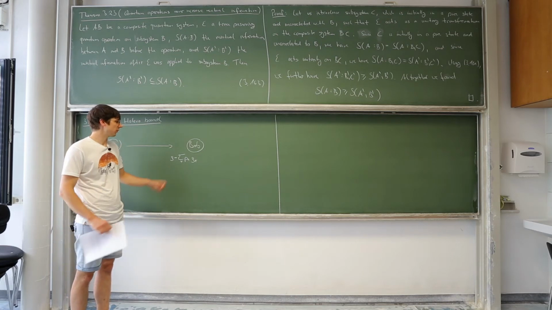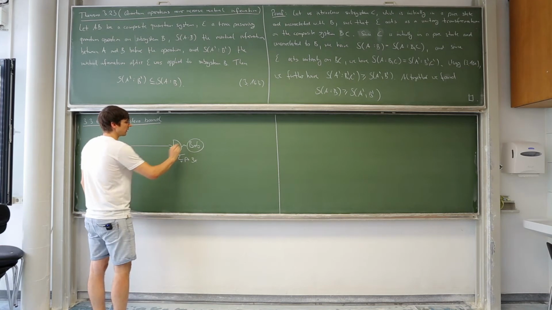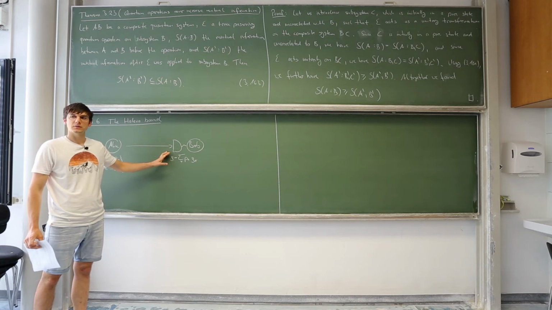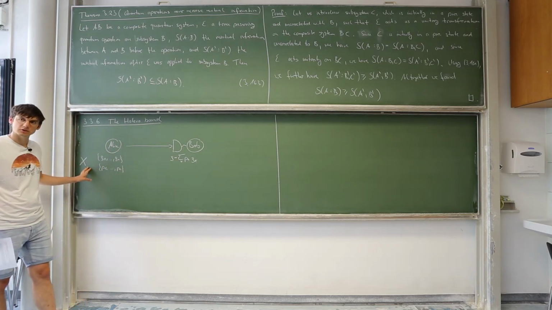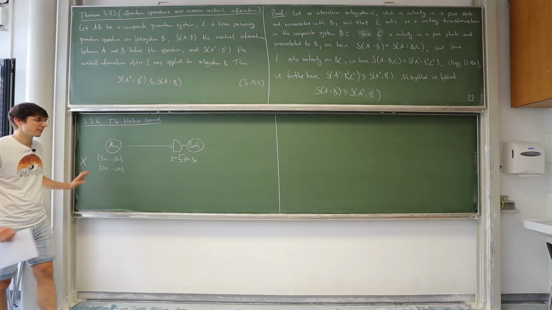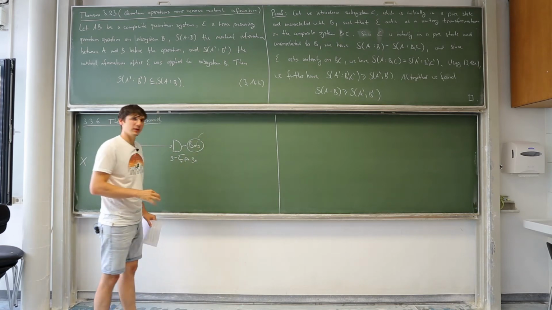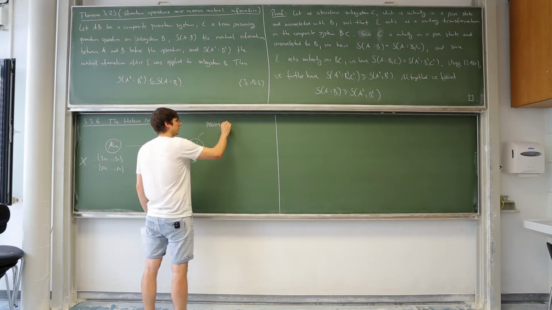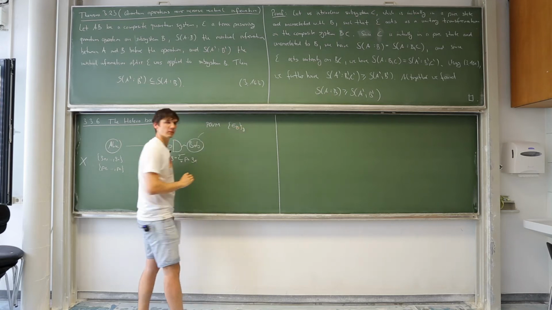We say now that Bob performs a measurement of the state, and we ask, given the outcome of this measurement, how well can he learn what the outcome of the random variable was? So suppose Bob performs a measurement, and we describe this measurement by a POVM with measurement elements, say E_y.